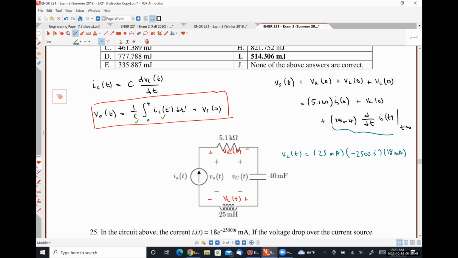All of this, and then we would have e to the blah, blah, blah, but that's going to be at 0. So VL of 0 is 25 millihenries times negative 2500 per second times 18 milliamps, and that should get us that voltage. Now that we have VL at 0, VR at 0, and VS at 0, we can solve for VC at 0, plug it in here, and we have all the information that we need. So I believe that one is similar-ish to homework 12, problem 3.